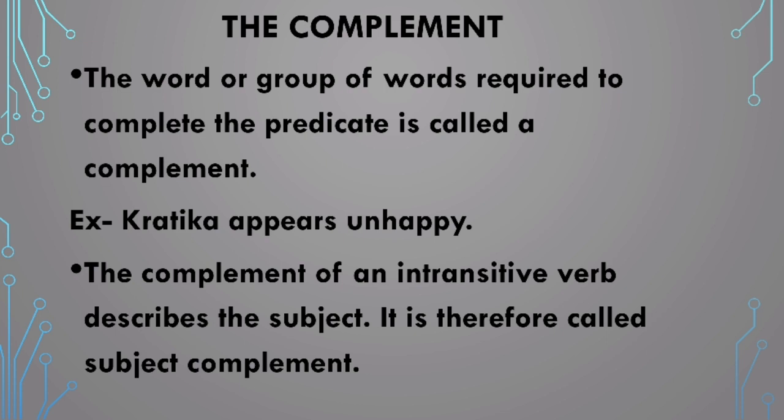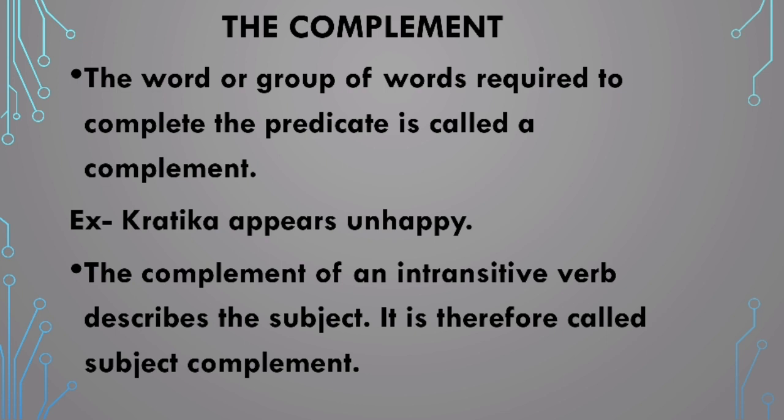So Kratika is the subject. Appears unhappy is the predicate, right? But if we say Kratika appears, is it correct? Is it giving a complete sense? No. Kratika appears unhappy is giving us complete sense. The words which are required to complete the meaning of the predicate are known as complement. Like here it is unhappy. Okay. So complements are required to complete the meaning of the predicate.